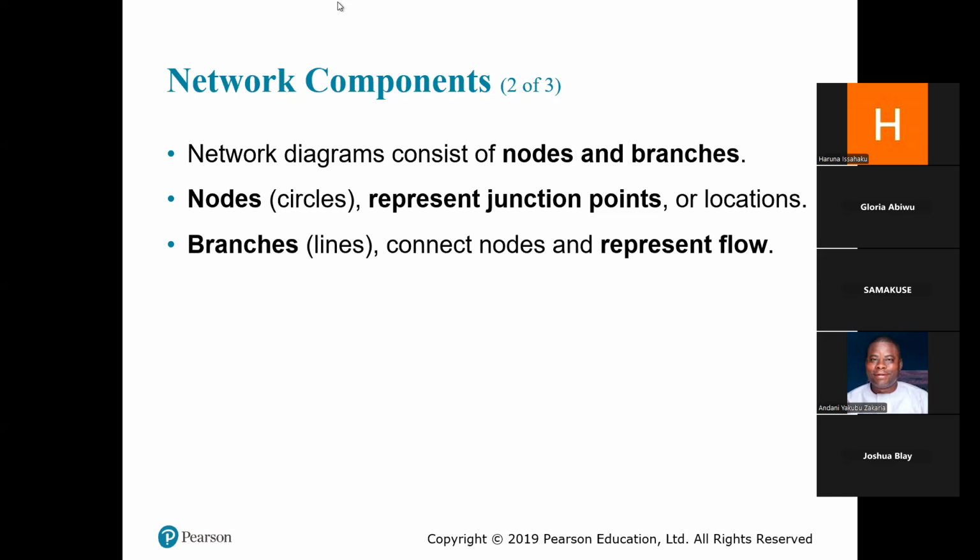So to reiterate the components of the network, network diagrams consist of nodes and branches. And we did mention that the nodes are the junction points, whereas the branches represent the paths. The branches are represented by lines which connect one node to the other so that there is a flow.